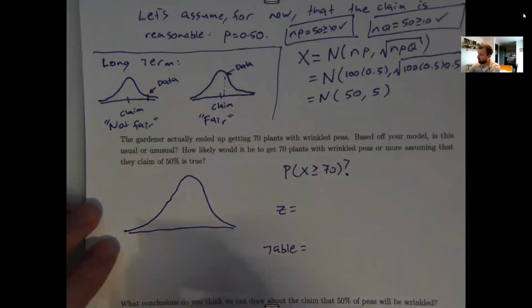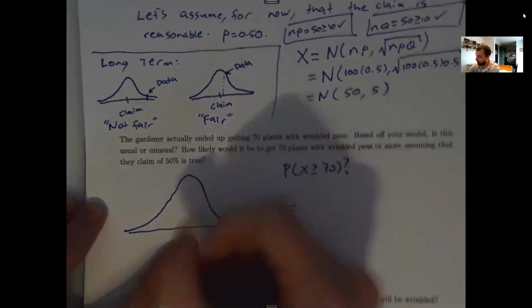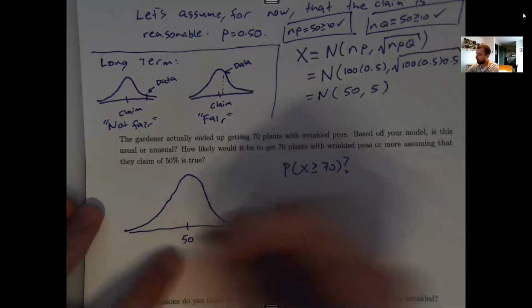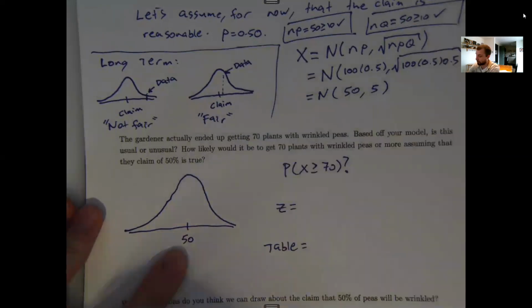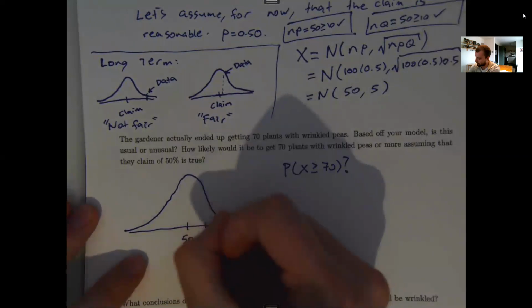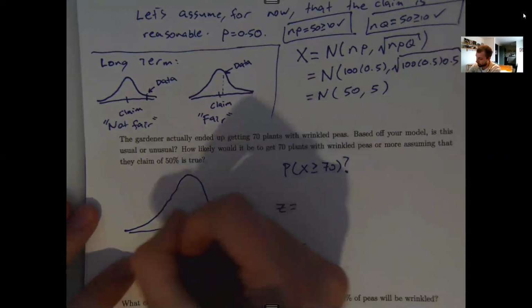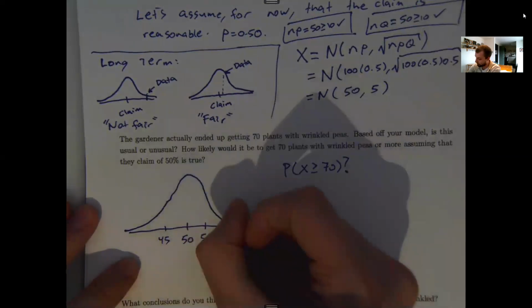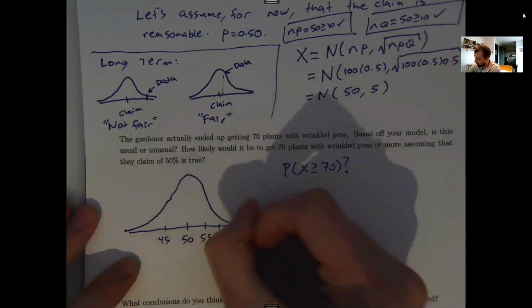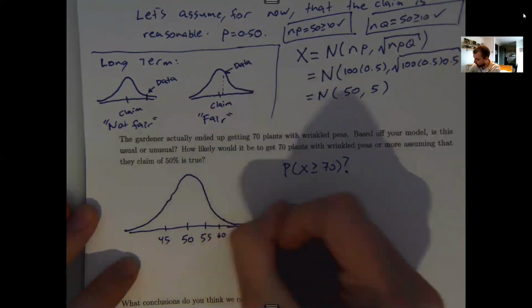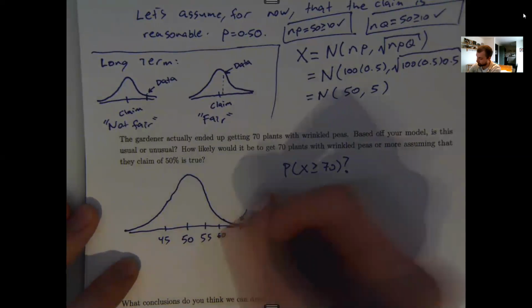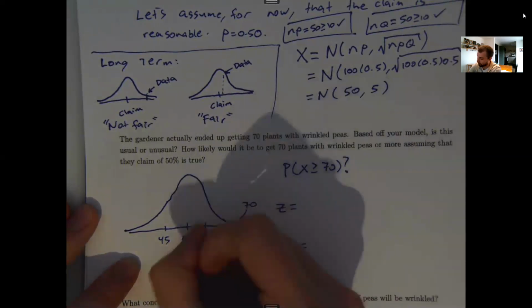When I'm drawing my picture, the center goes in the middle, so my center here is 50. And I count by my standard deviation, so I'm counting by 5, so this is 55, this is 45, this is 60, and my value of interest is out here at 70. They told me that it should be about a 50% success rate.